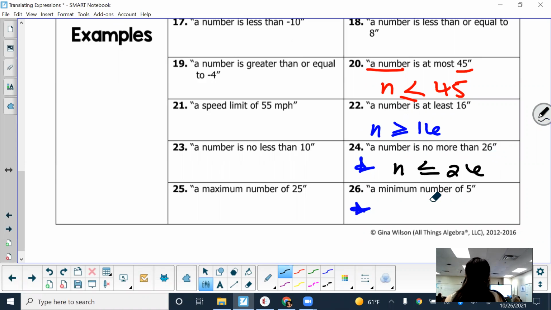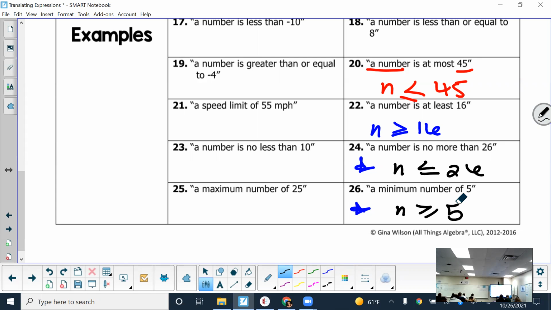What about a minimum number of 5? Good, so n is greater than or equal to 5. If it's a minimum number, then there has to be 5 or more. So n can be greater than 5 or exactly 5. Questions?